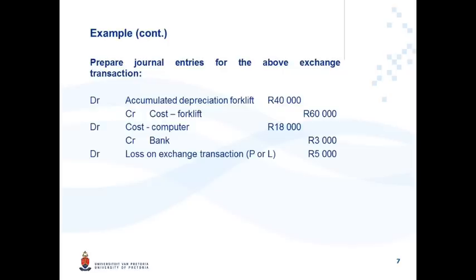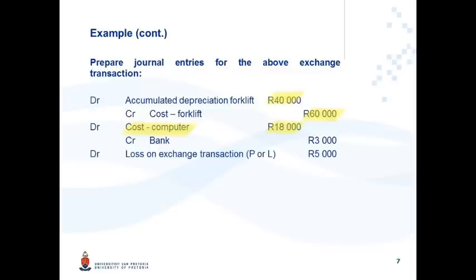The journal entries: first of all, you have to de-recognize the forklift that you're giving away. That involves a debit of accumulated depreciation of 40, credit against cost of 60. Then I recognize the new asset, the computer's cost, at 18,000, which we've just calculated.